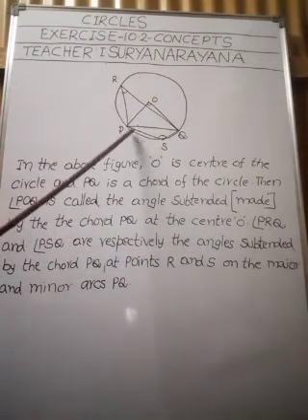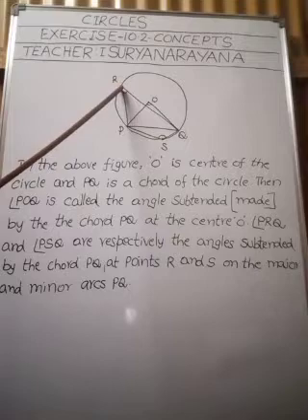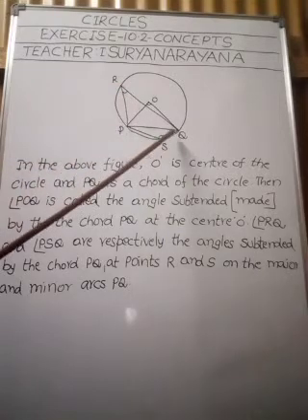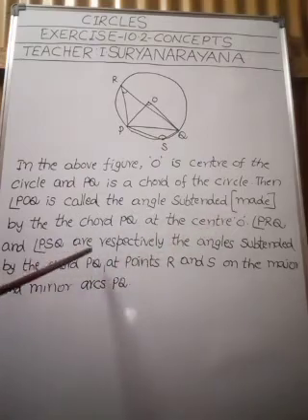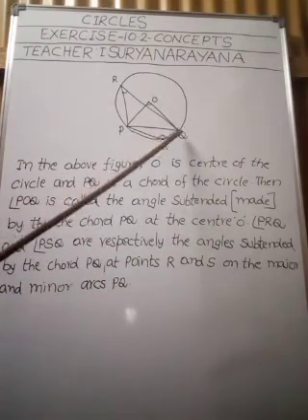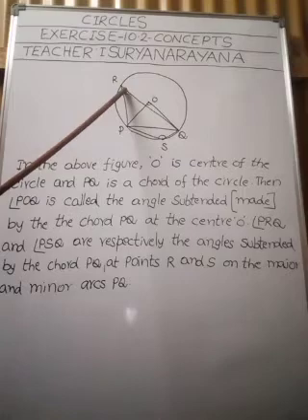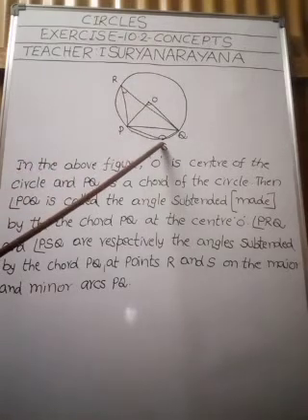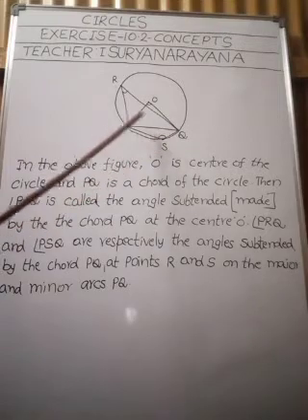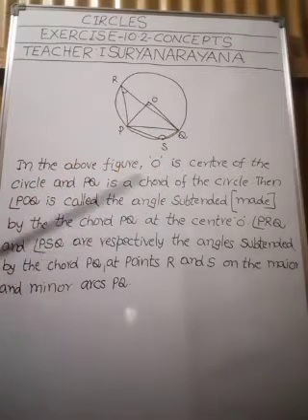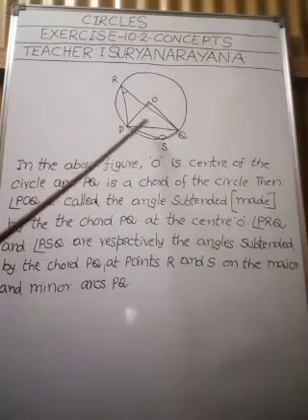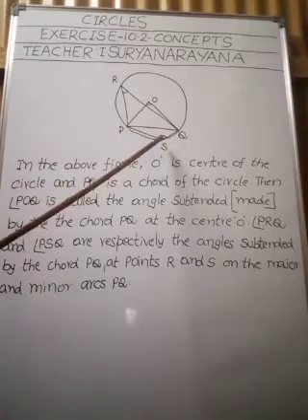Similarly, angle PRQ, here the point R is also not lying on this line segment. Angle PRQ is an angle made by or subtended by this chord at point R. Similarly, at point S also an angle is made. The angle PSQ is also said to be the angle made by the chord or subtended by the chord PQ.